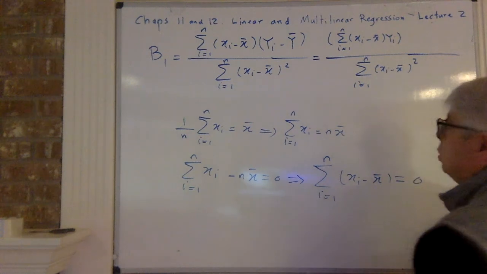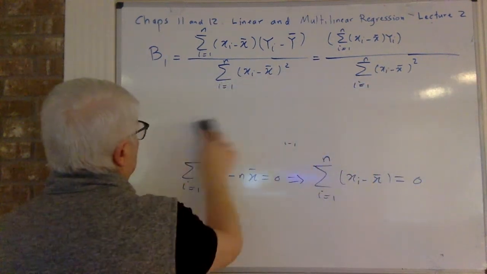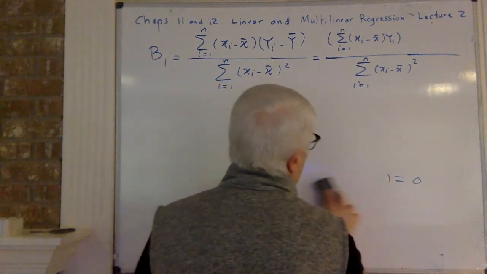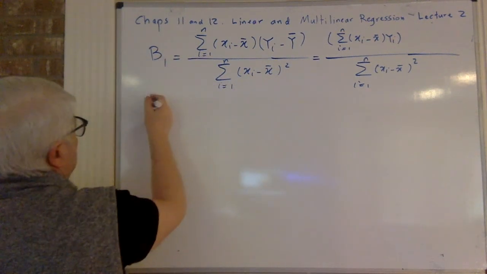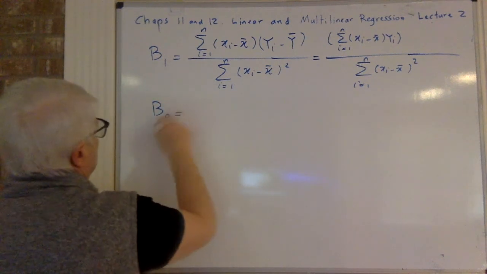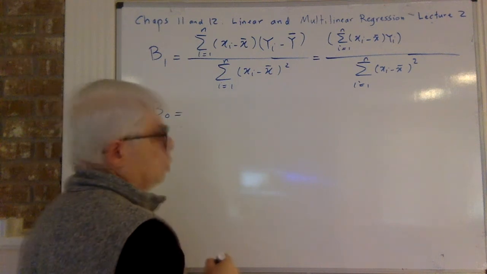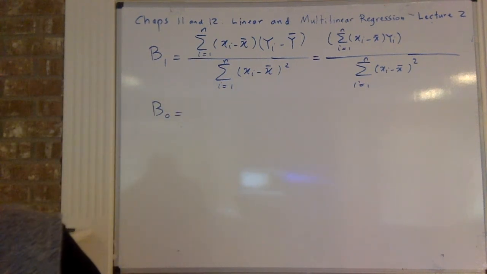So that is B1. And B0, sorry, what did I have? Let me check, and that was B0.